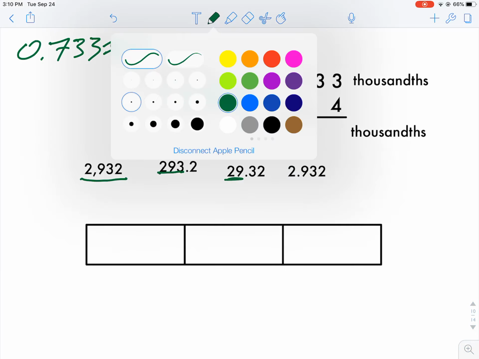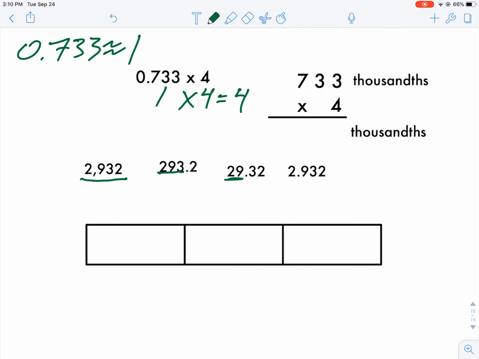Now you have to remember that the decimal means the part. So this is the whole, 2 as a whole. So we should understand that that is going to be the closest answer.